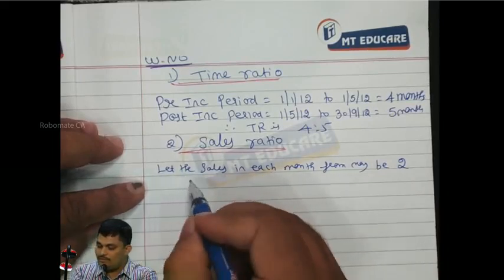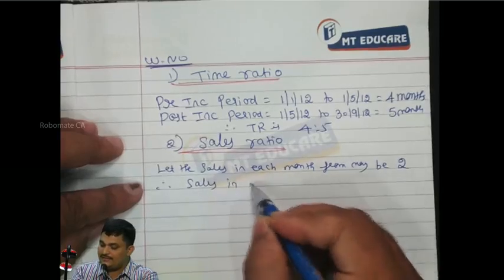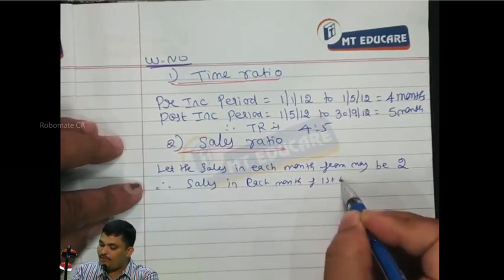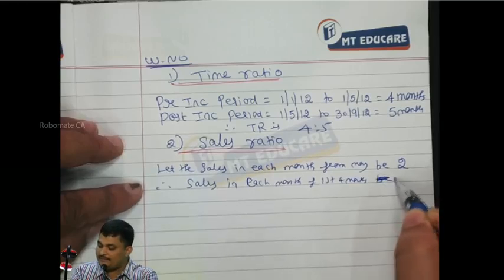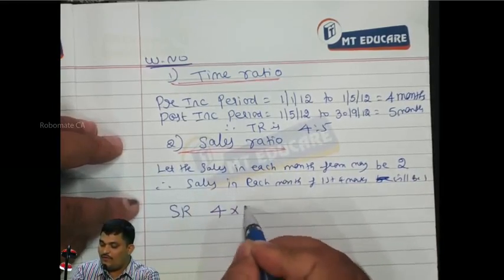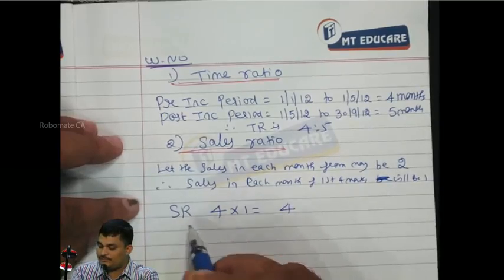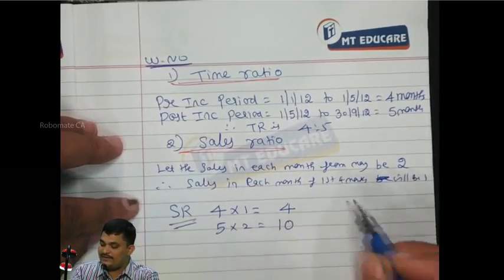So therefore sales in each month of the first 4 months will be 1. Correct? Sales ratio equals 4 into 1, 4, and 5 into 2, 10.